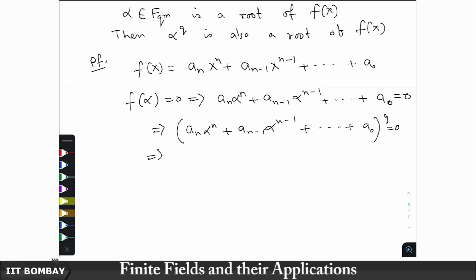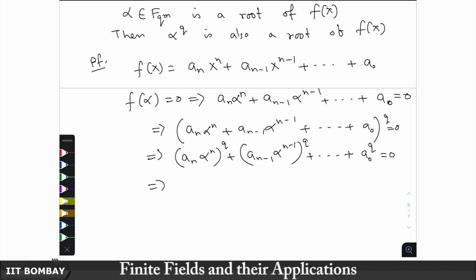Now, because q is a power of the characteristic of the field, powering by q gets distributed over different terms of the sum, which means the power q comes to (a_n alpha^n)^q + (a_{n-1} alpha^{n-1})^q + ... + a_0^q = 0.